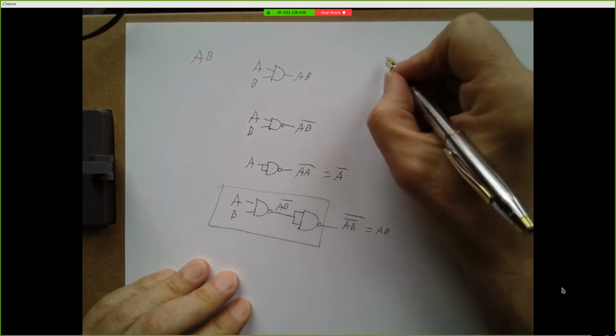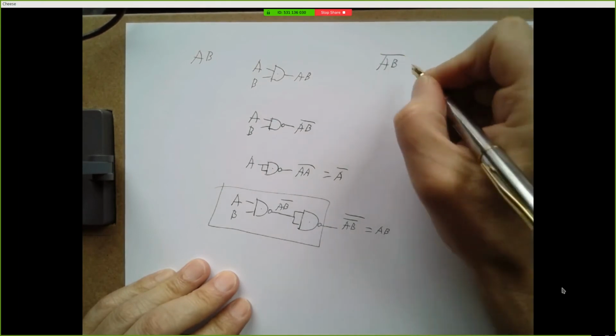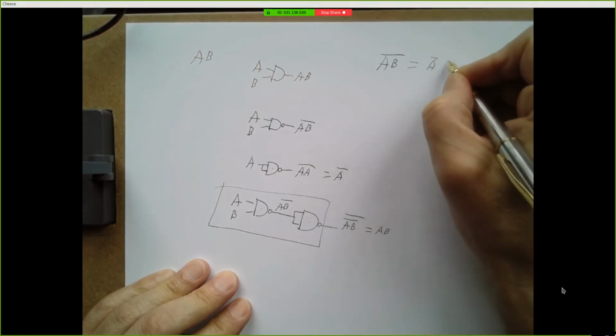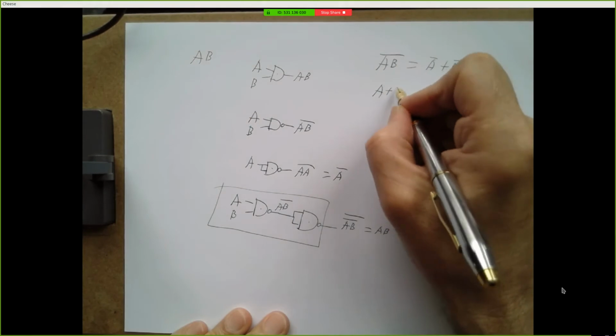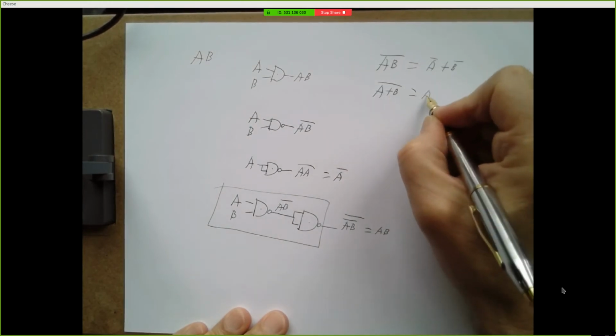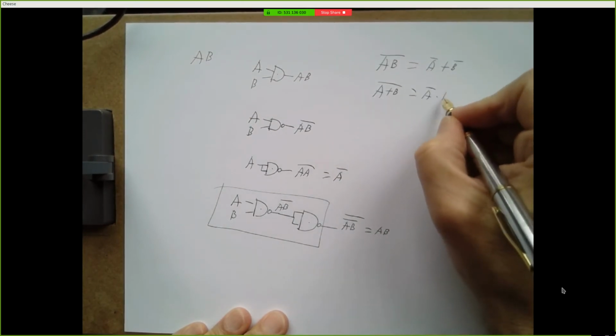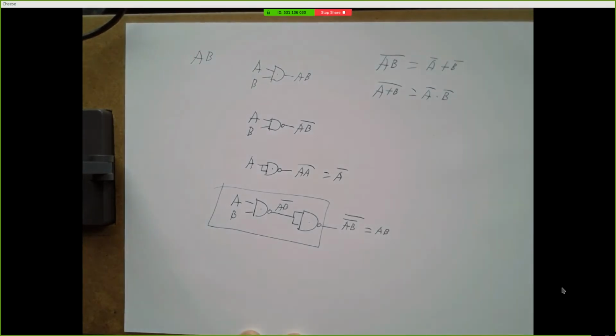We also know that AB bar is equal to A bar OR B bar. And we know that A OR B bar is equal to A bar ANDed with B bar.